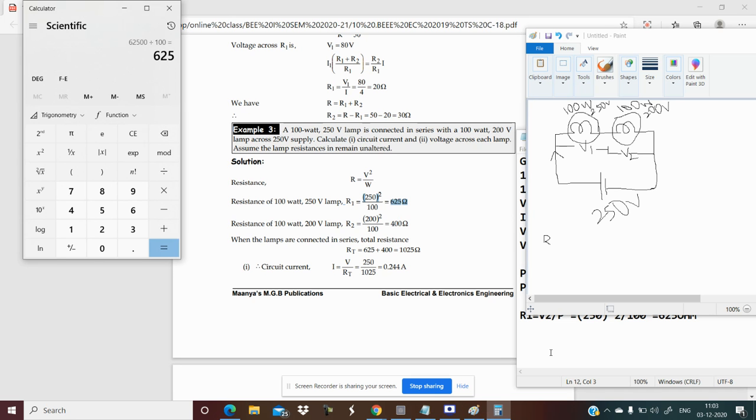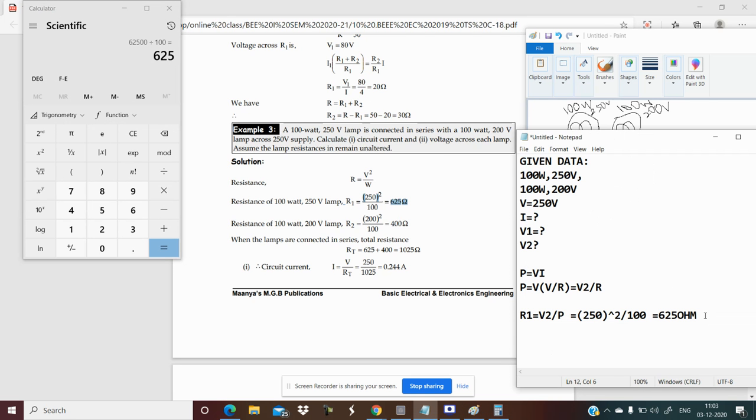Now we have to calculate the second resistance value. R2 is again V square by P. The voltage of the second one is 200, so 200 square divided by P, which is again 100 watts.